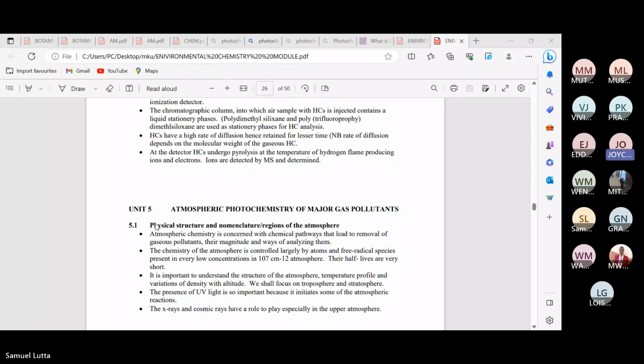These equations, I can't understand them, for the removal of hydrocarbons from the environment. Let's see the fate of hydrocarbons in the environment, those equations for removal.